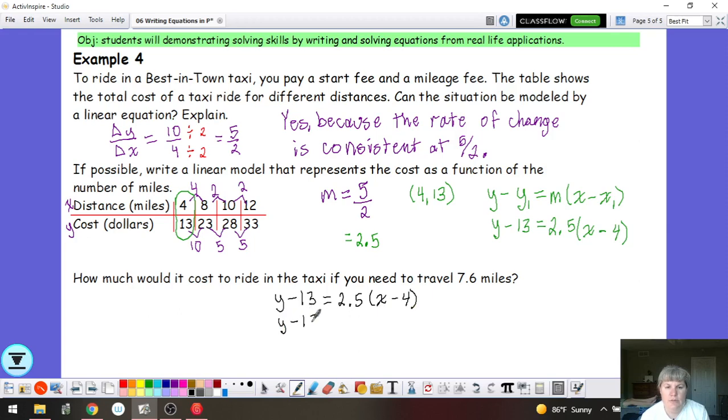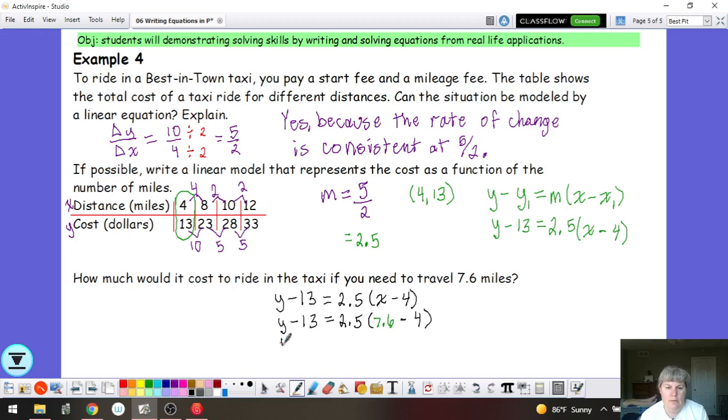So y minus 13 equals 2.5 times 7.6 minus 4. And again, I'm replacing the x with 7.6 because the x represents distance traveled. And now we solve for y.